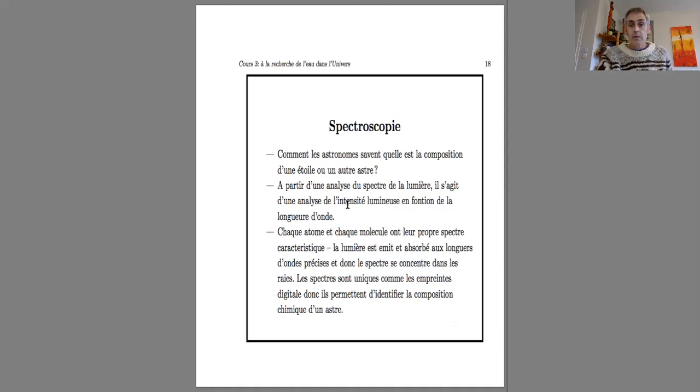A spectral analysis is basically looking at the light and the intensity of light as a function of the wavelength of the light. Remember, light can be understood as a wave, and so it has a wavelength, and the different wavelengths correspond, physically, to different colors.